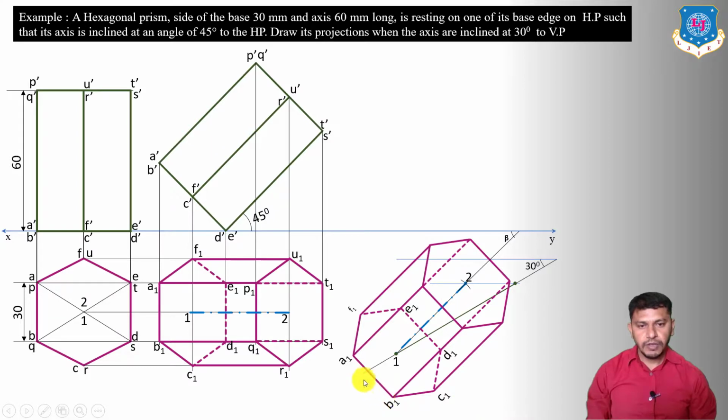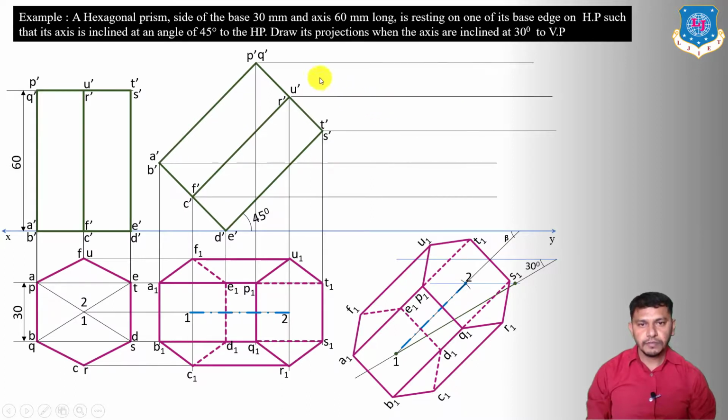Now we have to draw the front view. Give the name of the points A1 B1 C1 D1 E1 F1 P1 Q1 R1 S1 T1 U1, same as in this figure. Now we have to draw the front view, and to draw the front view we have to take the projections. So draw the locus from PQ, RU, TS, AB, CF and DE will be on the XY reference line. Now step by step take the projections from the top view.